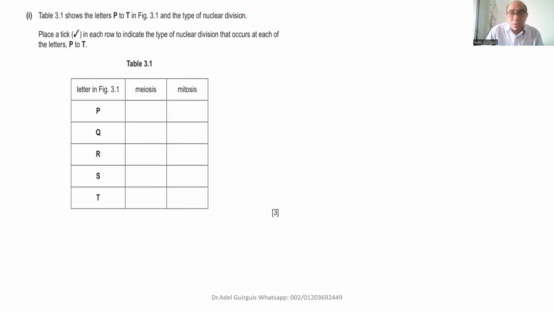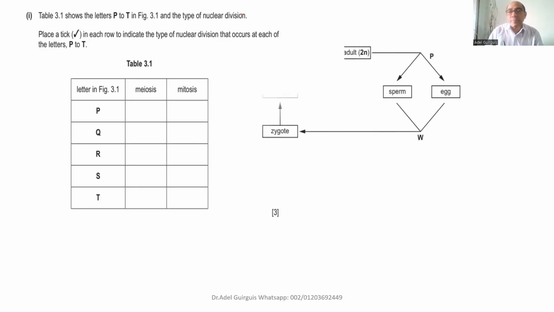Table 3.1 shows the letters B, Q, R, S, and T in figure 3.1 and type of nuclear division. Place a tick in each row to indicate the type of nuclear division that occurs at each of the letters B to T. Look, please.